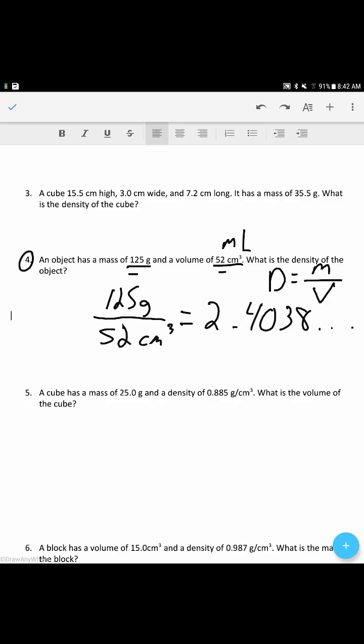So we change this from 2.4038... to 2.40, and our units are going to be grams over centimeters cubed, because that's what was in our formula.